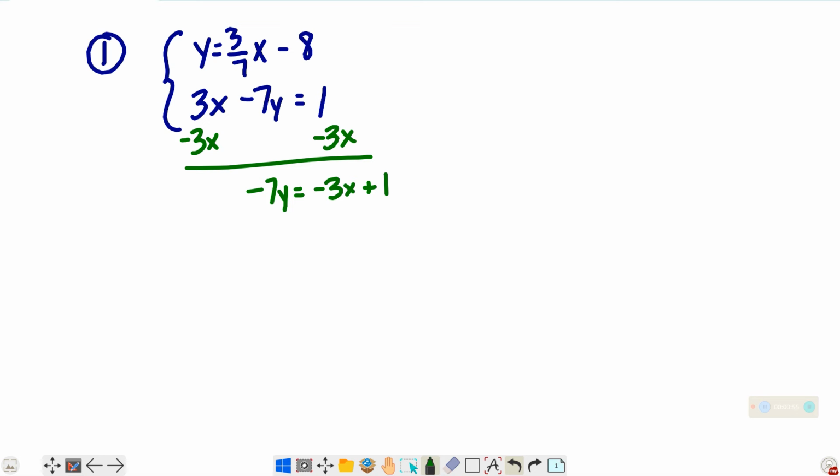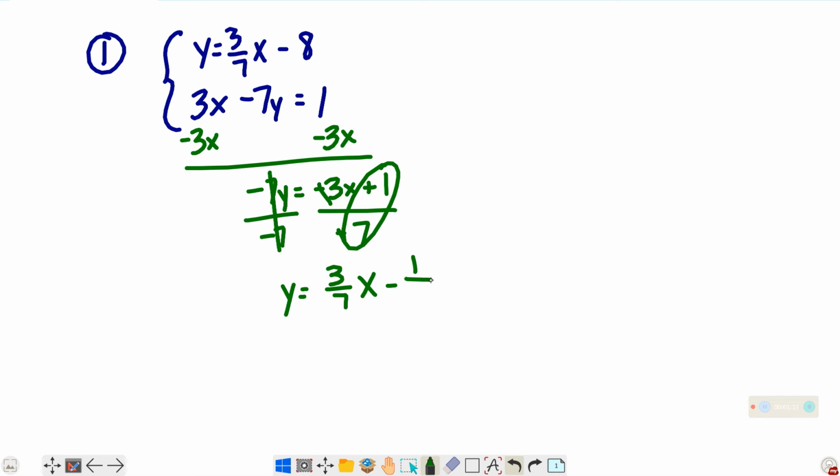And then I need to divide by negative 7 so that I just have the y over here. These divide out. The negatives divide out. But it doesn't divide out for this piece. So I have negative 1/7.